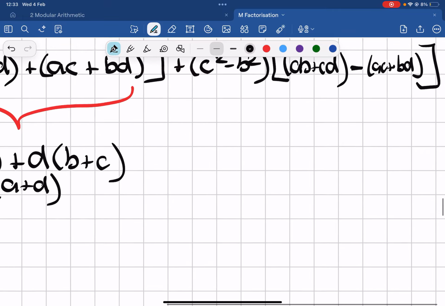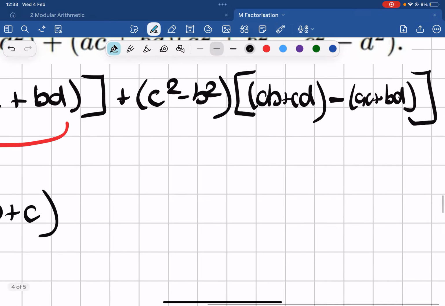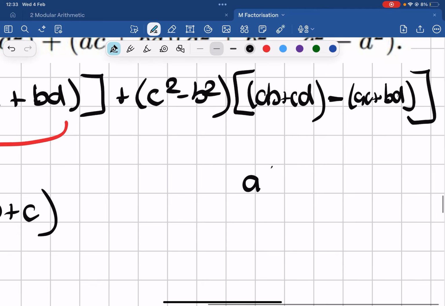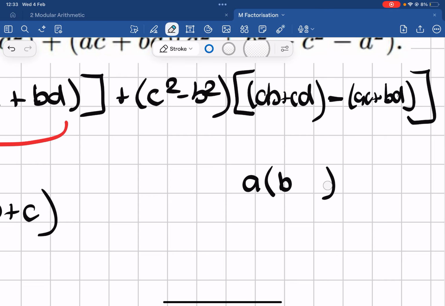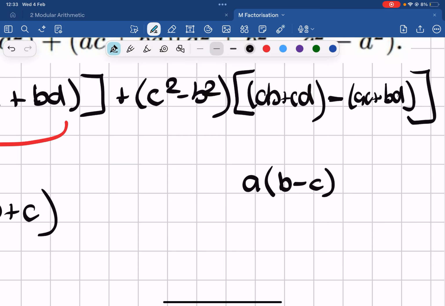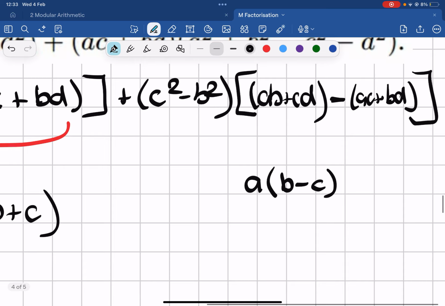Now if we go over here, we've got two terms involving a, two terms involving b, two with c, two with d. So let's apply similar logic here. Let's factorize out a. So we've got a times b minus c, sorry, minus c that is. And then we factorize out d, so plus d times c minus b.